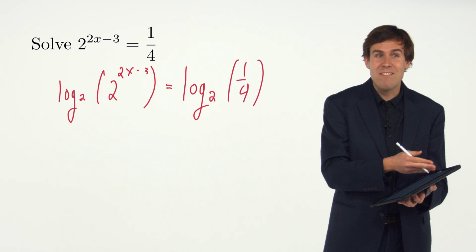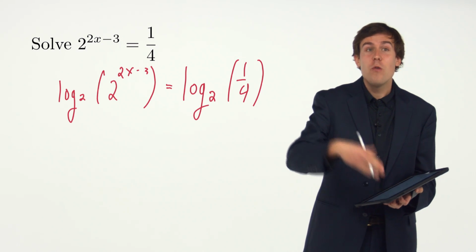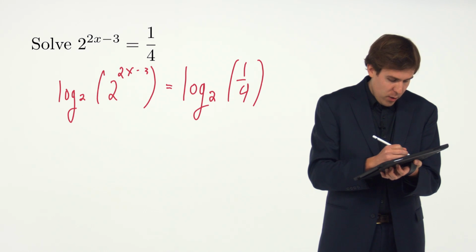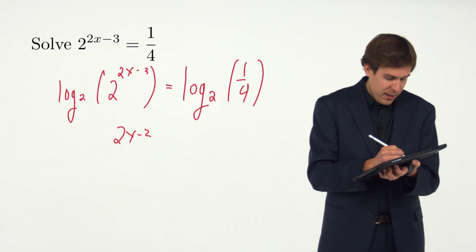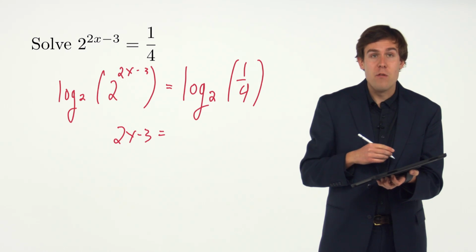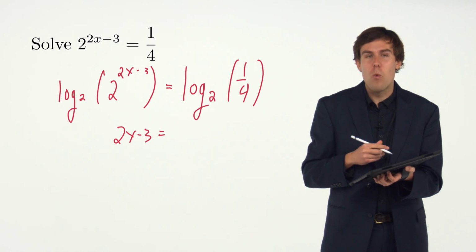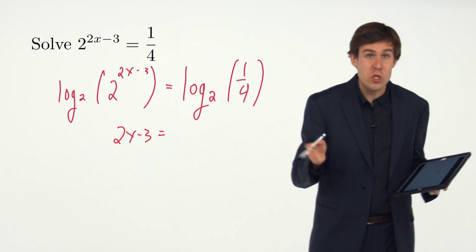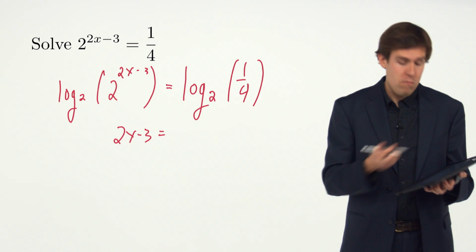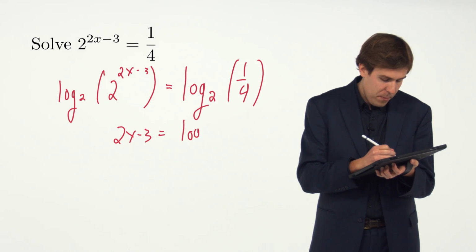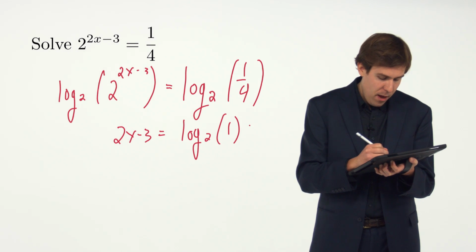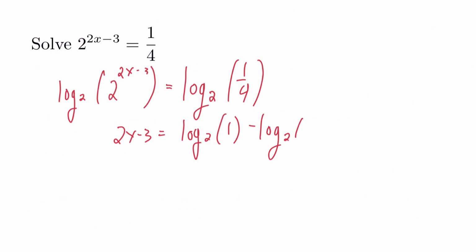On the left-hand side, well, the reason I took log base 2 was to kill off the exponential. So I just get 2x minus 3. On the right-hand side, how do I deal with this? Well, I think the easiest thing to do is split this up as a quotient, right? So this is log base 2 of 1 minus log base 2 of 4.